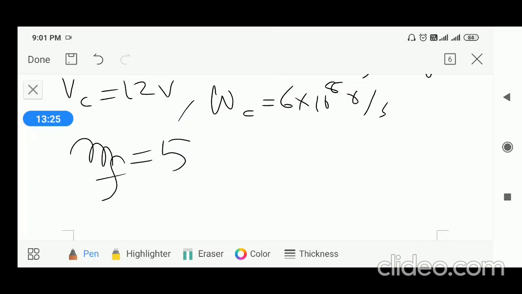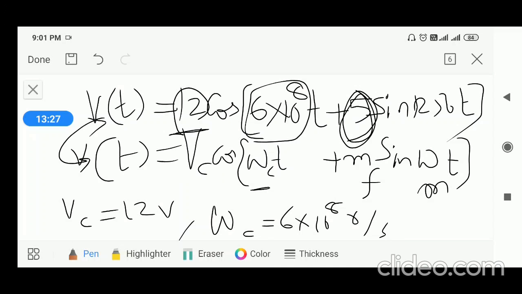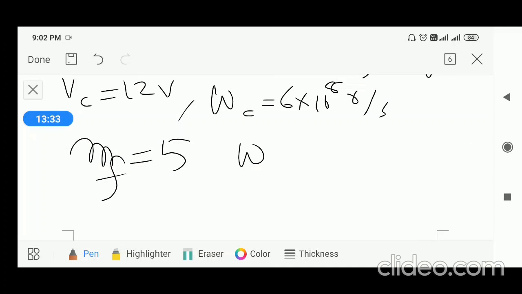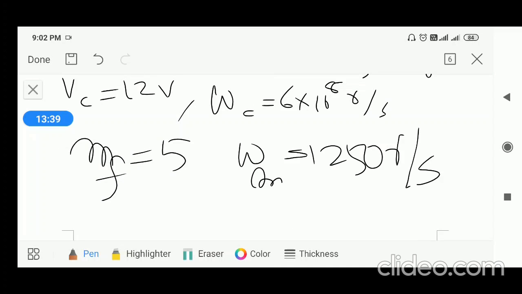So here it is more than 1. The last one is omega m equal to 1250 radians per second. So we know the carrier amplitude, the angular frequency of the carrier, the modulation index, as well as the angular frequency of the modulating signal.